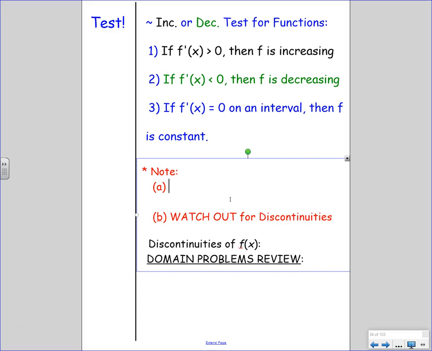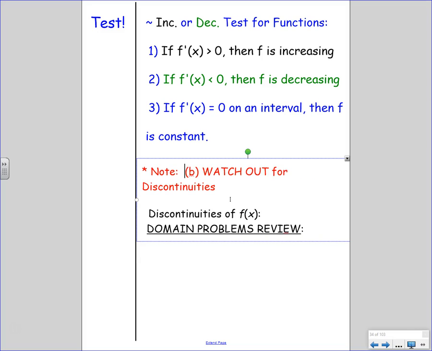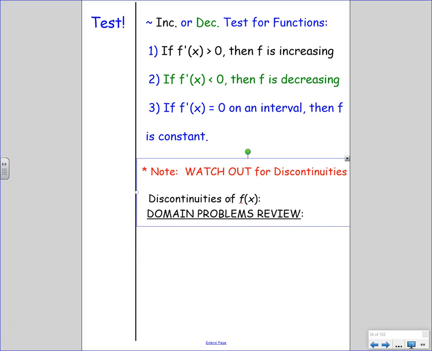What's it called? Increasing the decreasing thing. No, I'll just leave it the way it is.